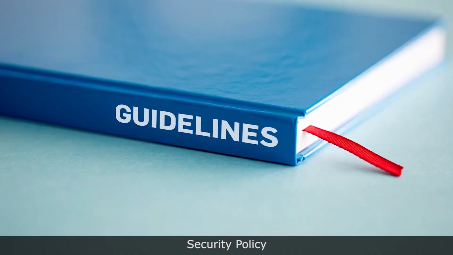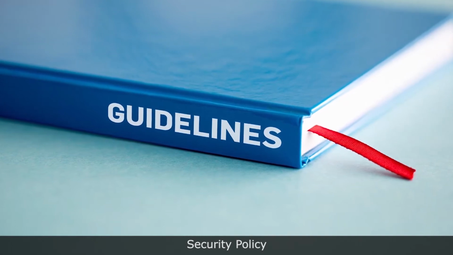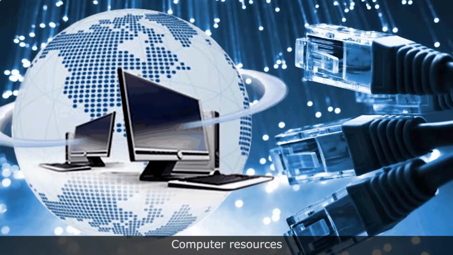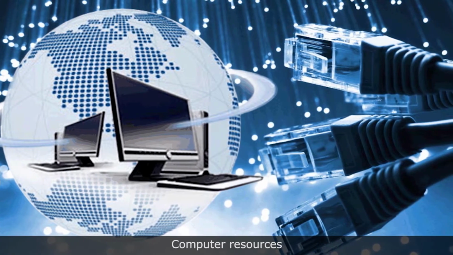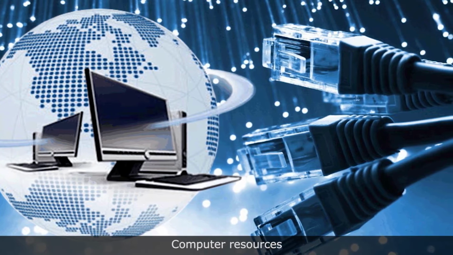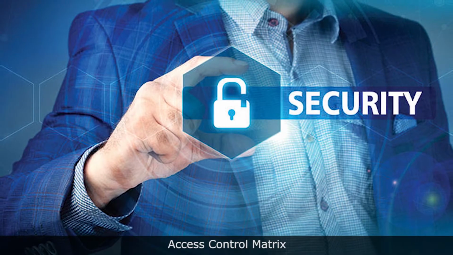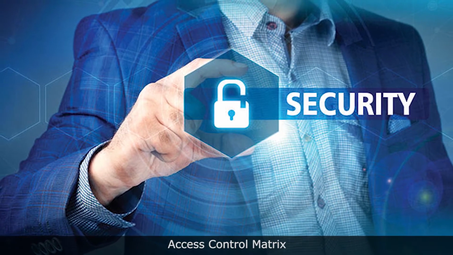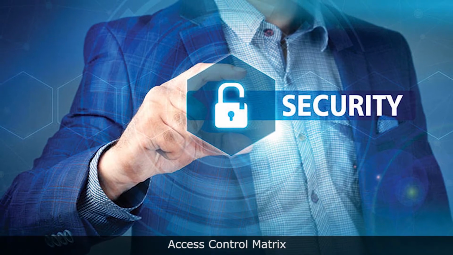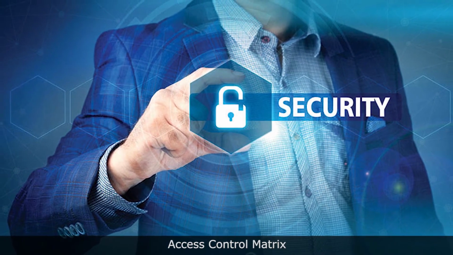First of all, the security policy dictates the guidelines the user and the organization must follow with reference to the assets, especially with reference to the computer resources, network resources, and data. The security model might prescribe an access control matrix to fulfill and monitor the security policy laid down.